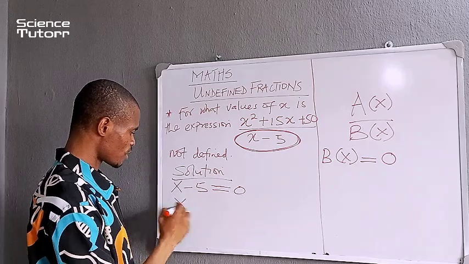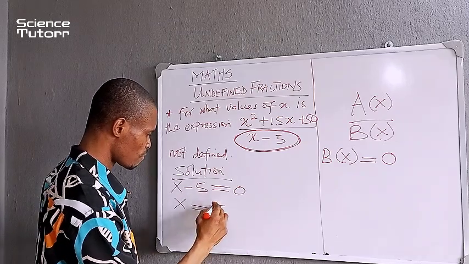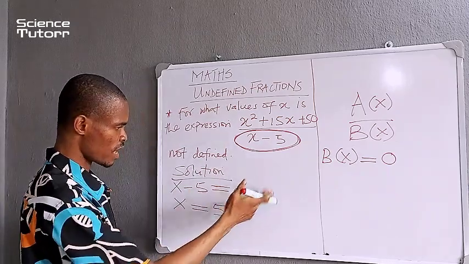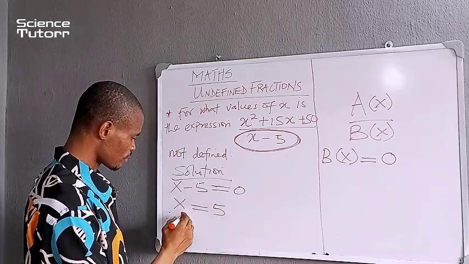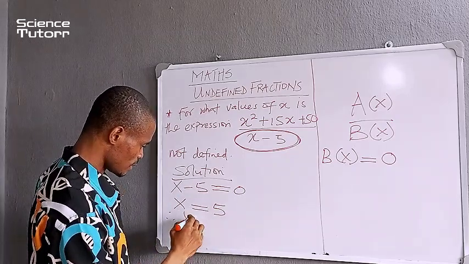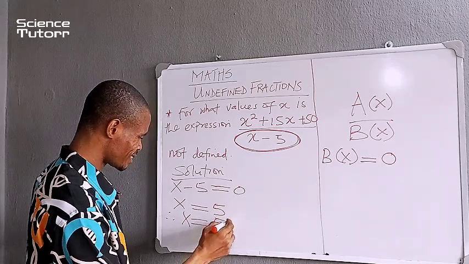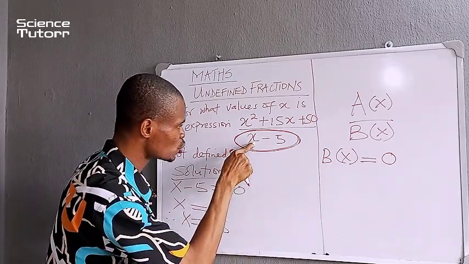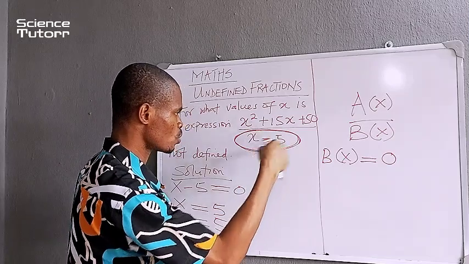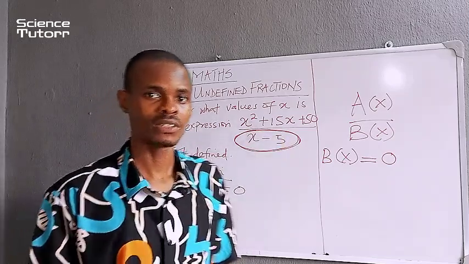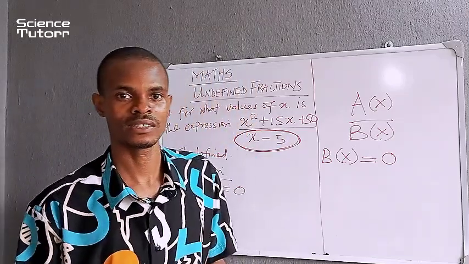So automatically x becomes 5, when minus 5 moves over, it becomes 5. So therefore I can say it is undefined when x is equal to 5. Meaning substituting x to be 5 here, I have 5 minus 5, which is automatically 0. So that means no value exists.